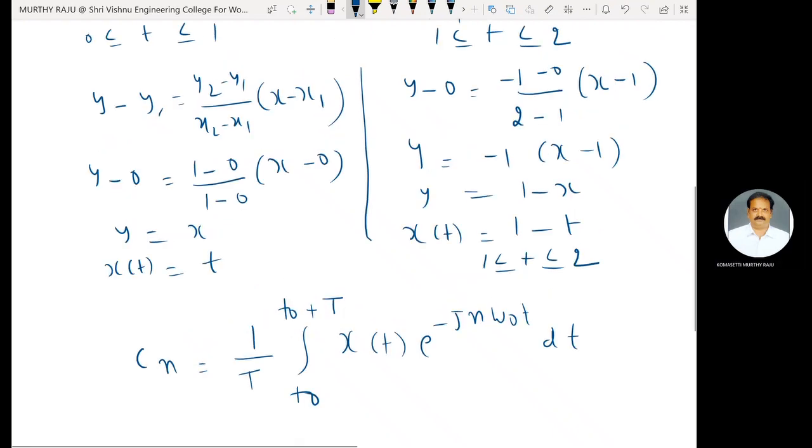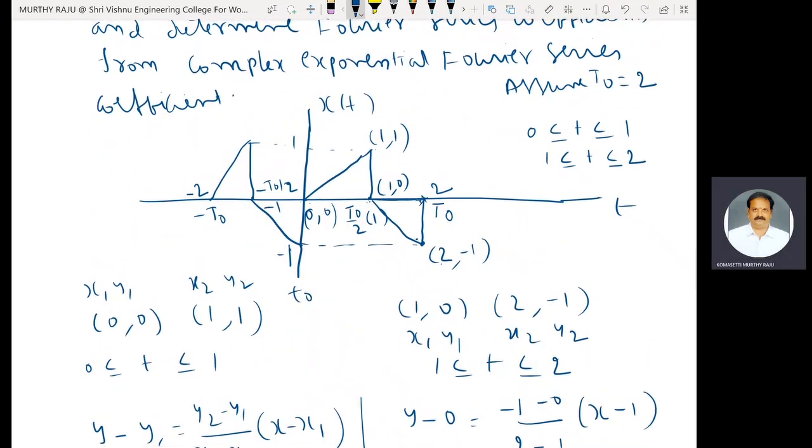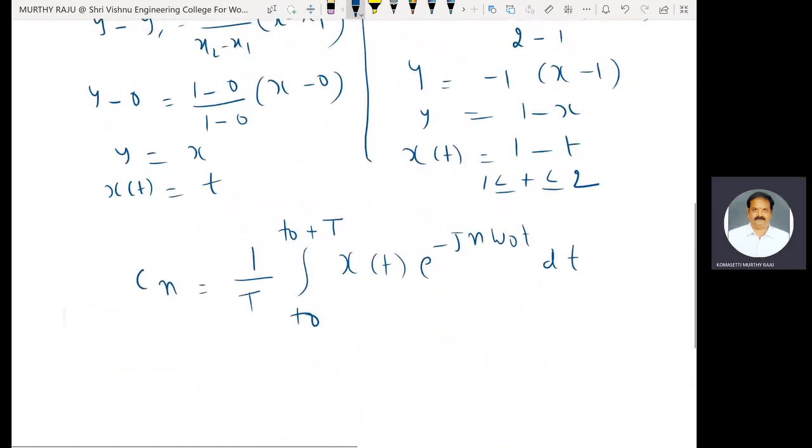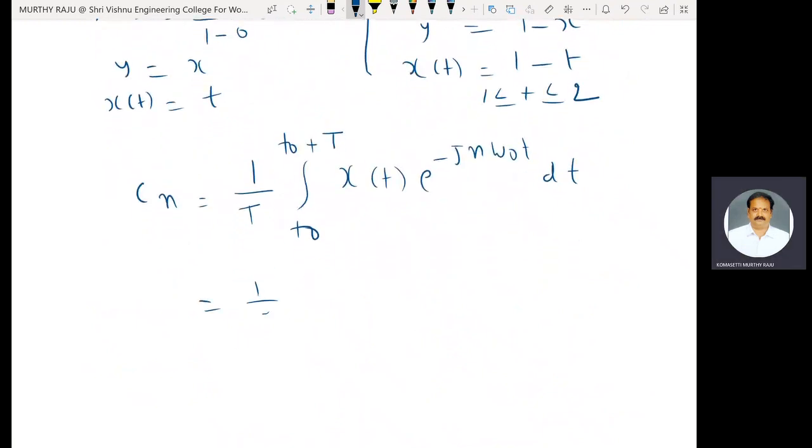Here t naught is equal to 0, and t naught plus T is equal to 2. Therefore T is equal to 2.